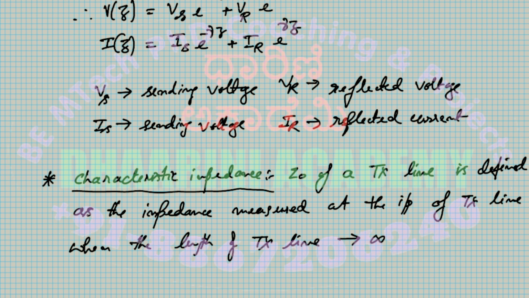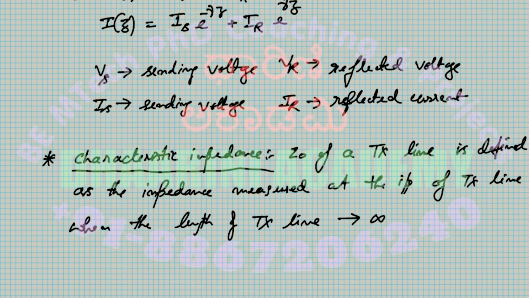Anyway, real infinity does not exist, but whenever that z is too large, that's the value which we can use. So characteristic impedance is measured in that way.